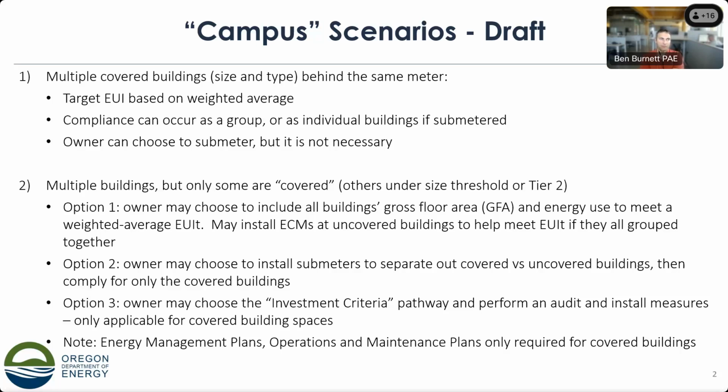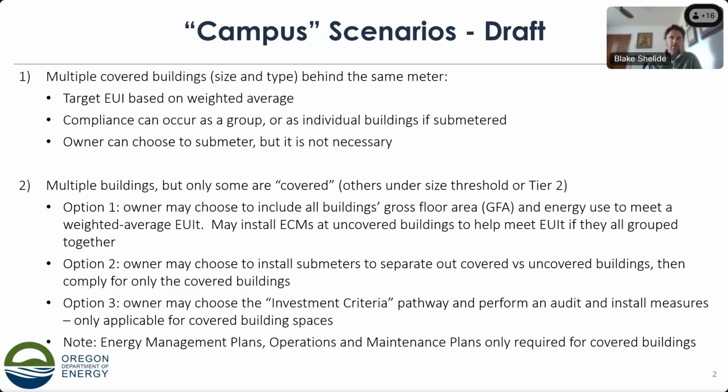Yeah. So I think in that scenario, you would have, say, for example, a smaller office building with a larger office building, or maybe a different type of occupancy, but it would just be a weighted average of all the square footages and targets to come up with an entire campus EUI target.